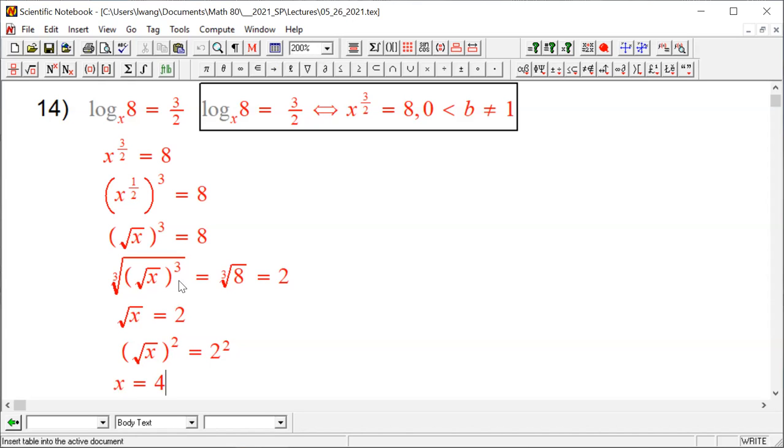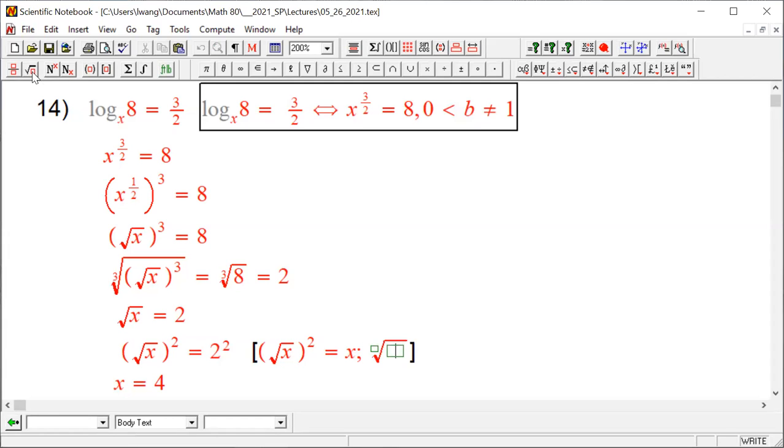Okay, so here we're touching on something like this. The square root of x squared equals x, okay?